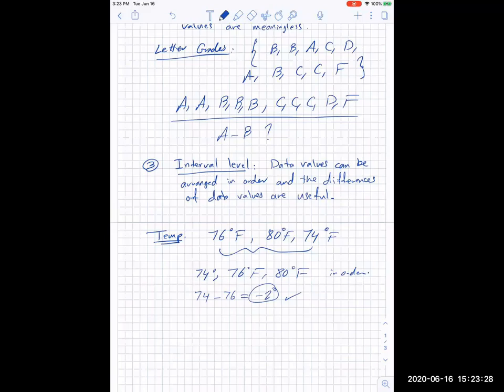However, at this level, there is no natural zero. All right, there is no natural zero. What does that mean? It means that when I say 0 degrees Fahrenheit, that doesn't mean there is no temperature. It doesn't mean the absence of temperature on that day. 0 is like any other measurement. It is not a starting point.